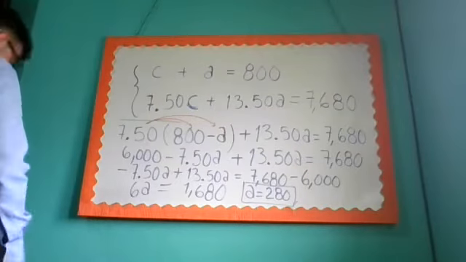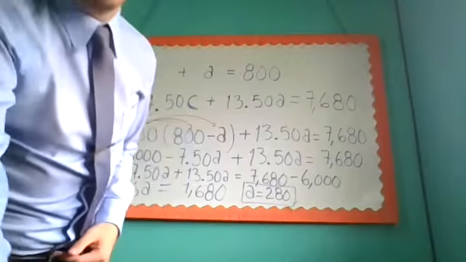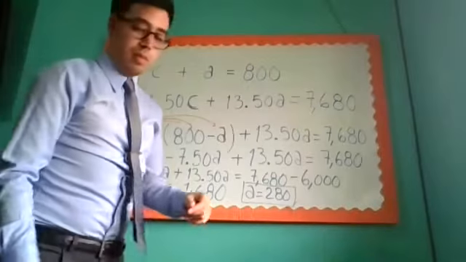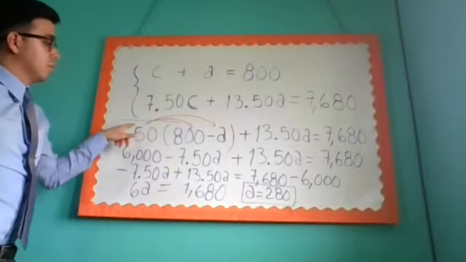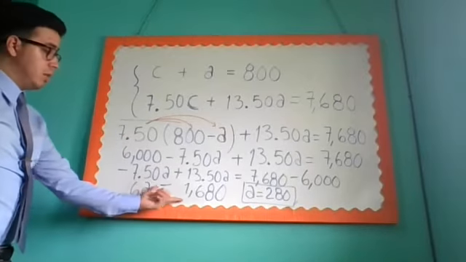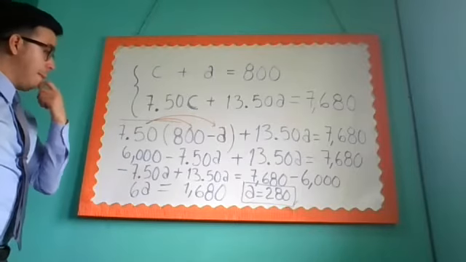Mister, don't erase it. I have a question. I get lost at the part where it says 6A equal 1,680. Where did you get 6A?